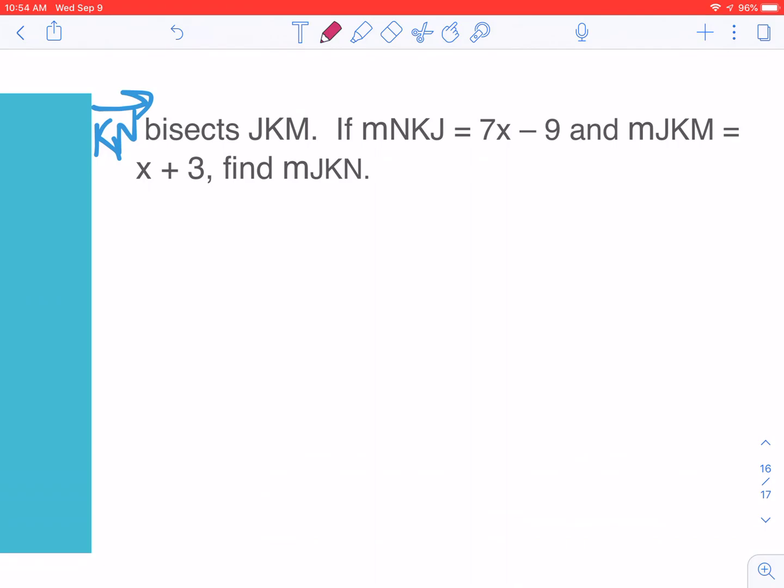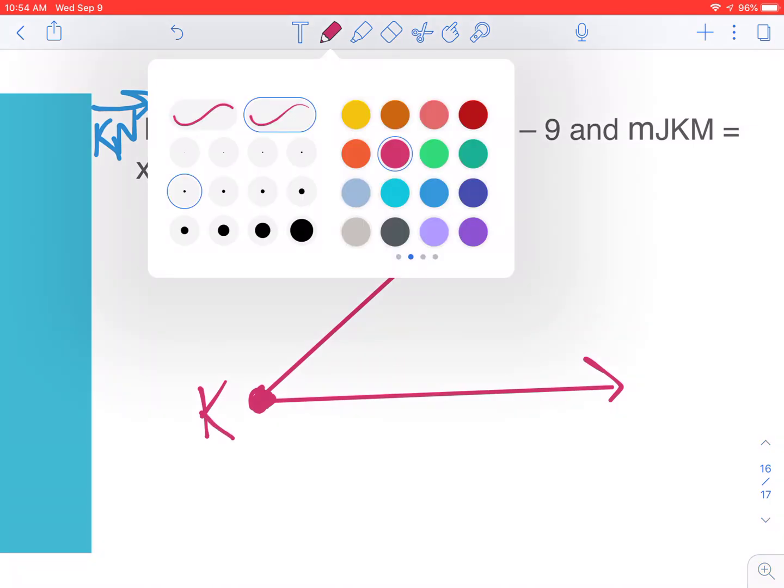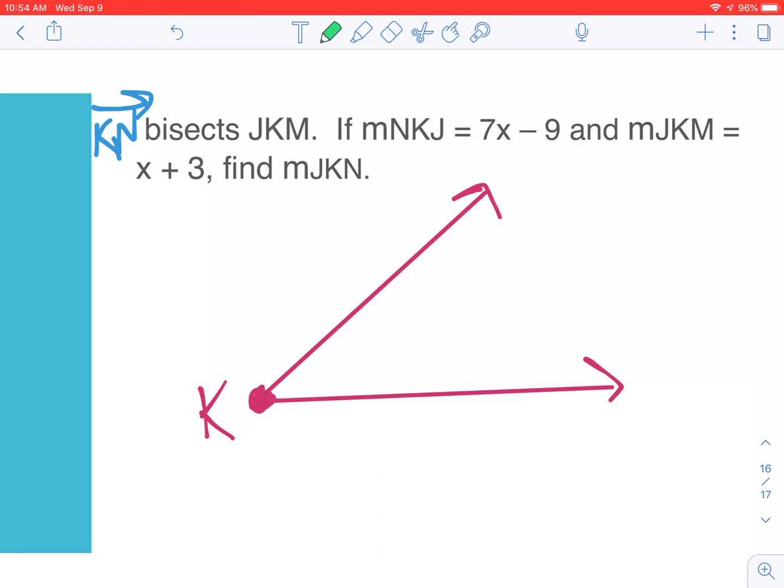It's our same picture. So I'm going to draw that again. It's good to draw acute angles because you can draw smaller. Okay, we have K, N, different color. That's bisecting it. It's cutting this angle in half.